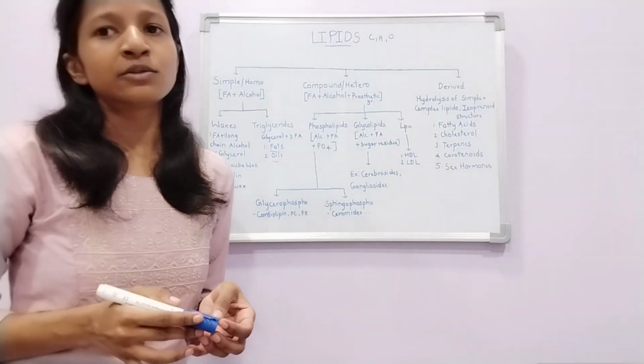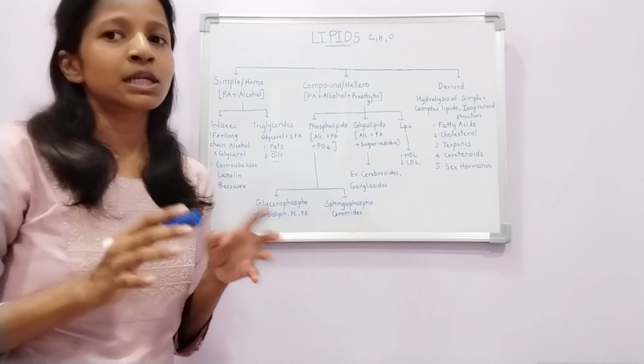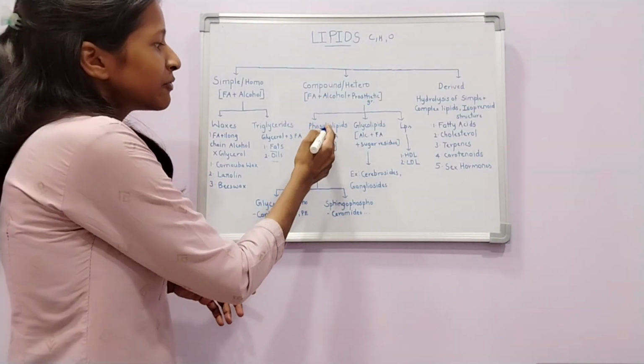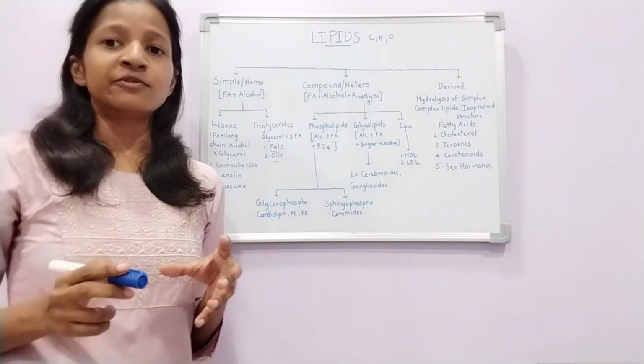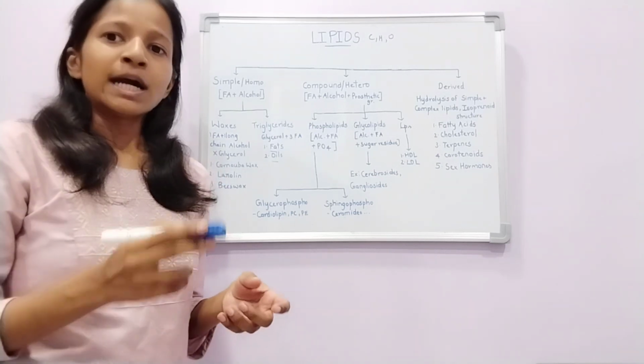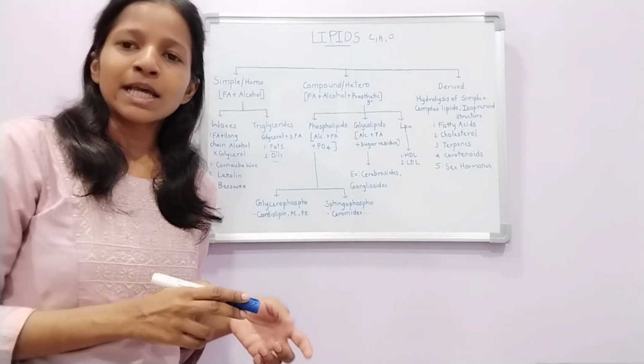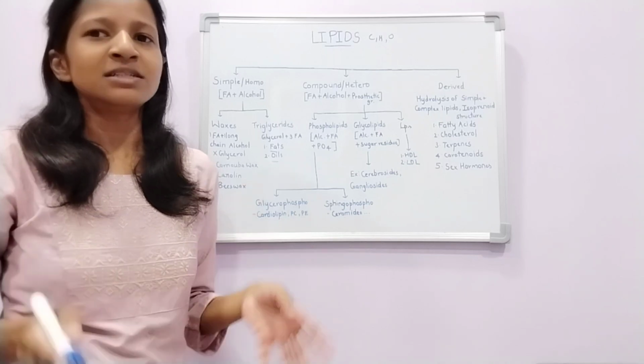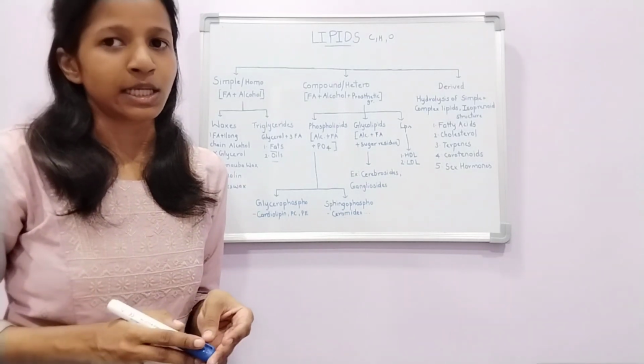Generally, lipids are hydrophobic in nature, but there are certain classes of lipids, say phospholipids, which are amphipathic or amphiphilic in nature, meaning they have both hydrophobic parts and hydrophilic parts, but generally lipids are hydrophobic in nature.